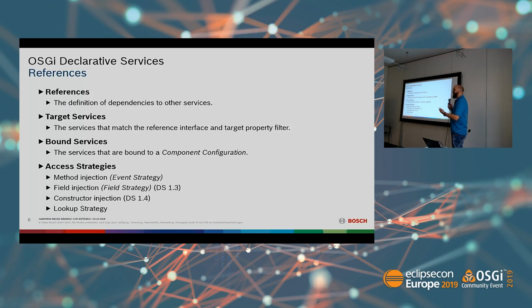You can have the field injection. So you get services injected to fields. And since DS 1.4, we also have constructor injection. So I will show this. And now with these names, it's also more similar to a CDI spec or other technologies in the Java world out there. The lookup strategy is still named strategy because it's not an injection, but I will show you this too. So this is still named lookup strategy.